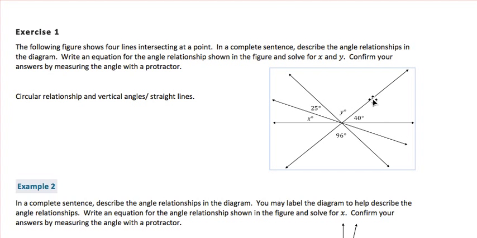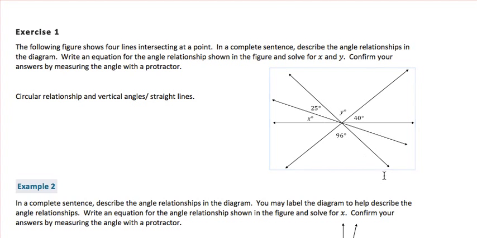Again, what we're looking for then are places where the only thing we're looking for is one measurement. So if I look at this relationship, I have an x and a y in the straight line, but that won't help because you can't solve for 2 variables at the same time.